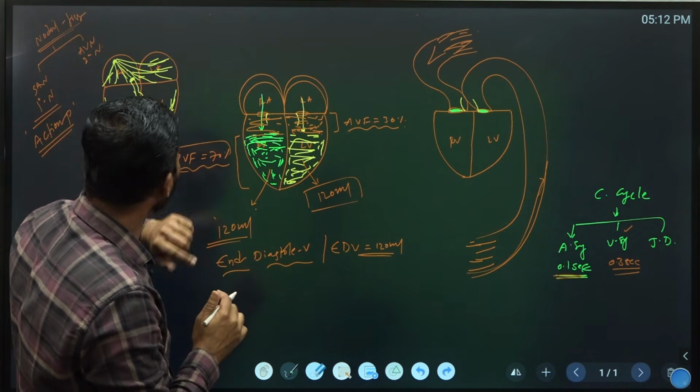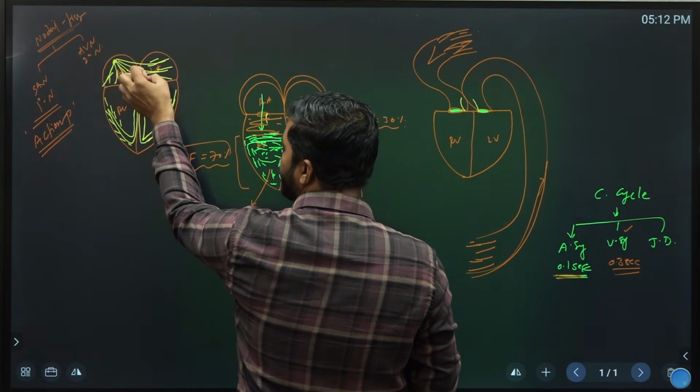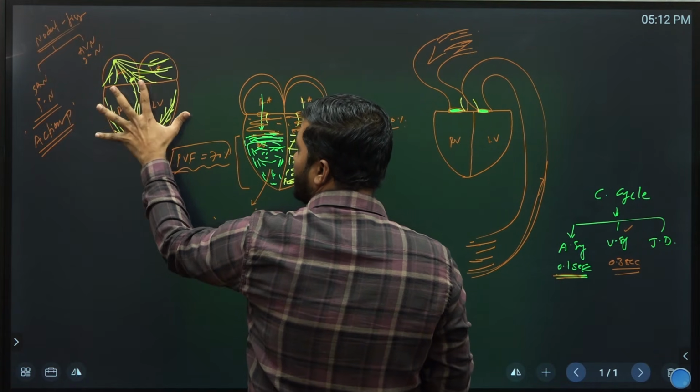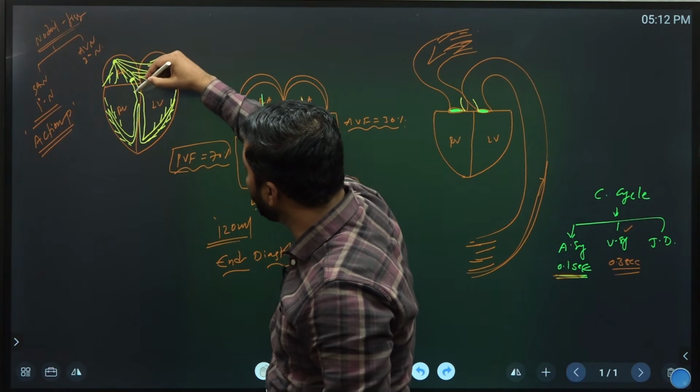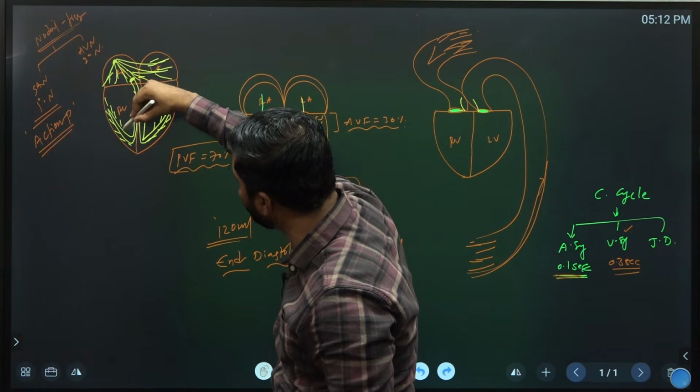During this event, what happened in the heart? First of all, the action potential from the secondary node, the AV node, spreads to the entire ventricle musculature by the bundle branches and the Purkinje fibers.